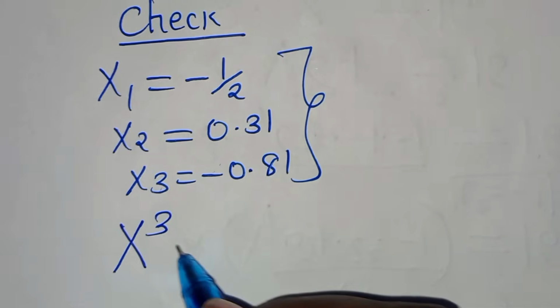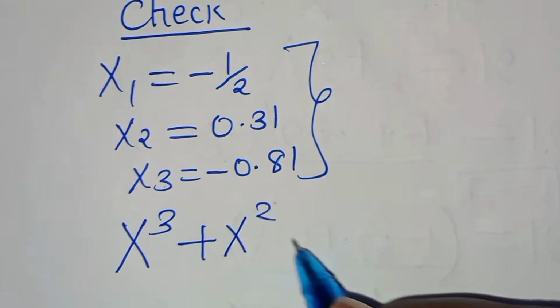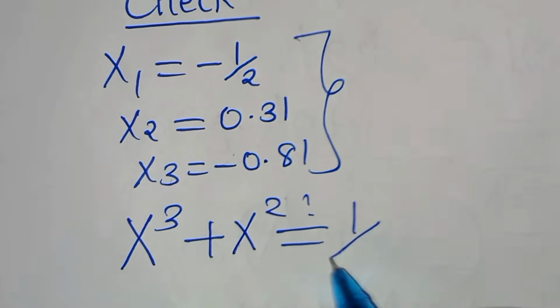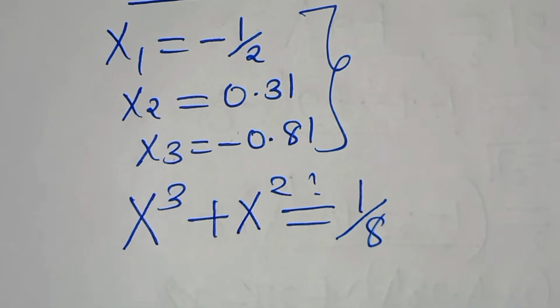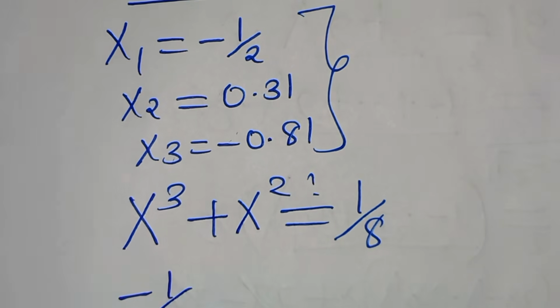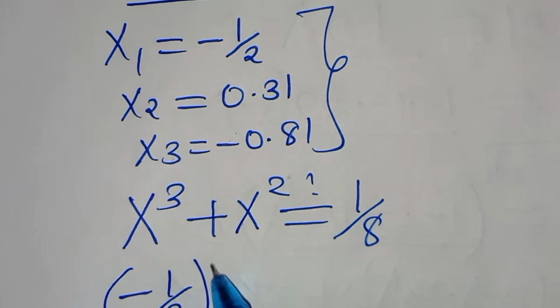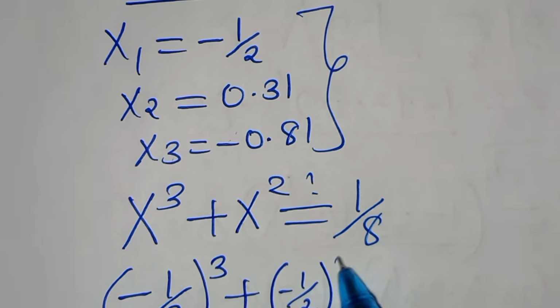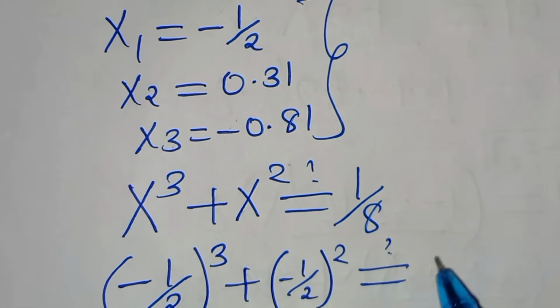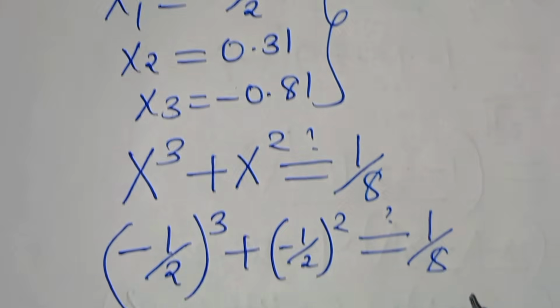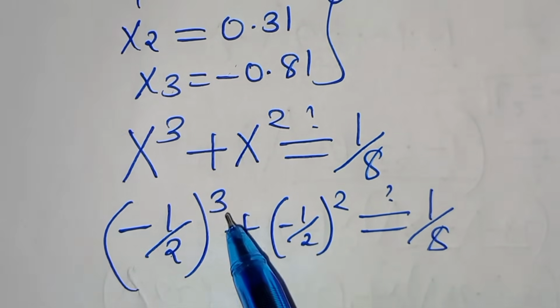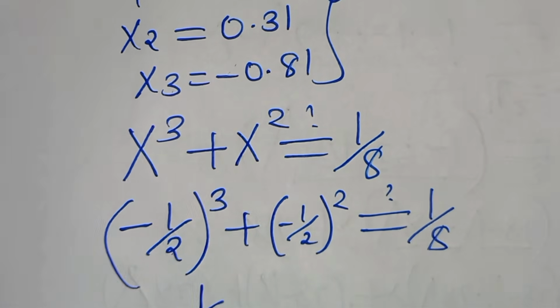We have x to the power of 3 plus x to the power of 2. This is supposed to give us a value of 1 over 8. So we have x1, negative a half raised to the power of 3, plus negative a half raised to the power of 2. This is supposed to give us a value of 1 over 8. So negative a half to the power of 3 is negative 1 over 8.